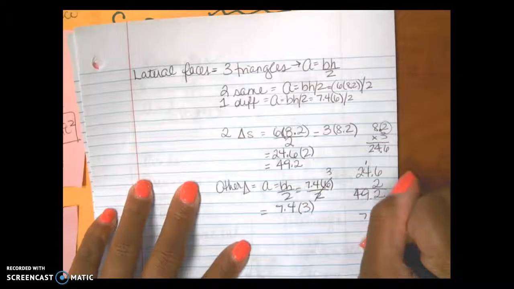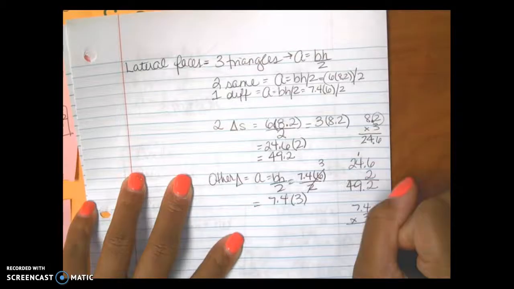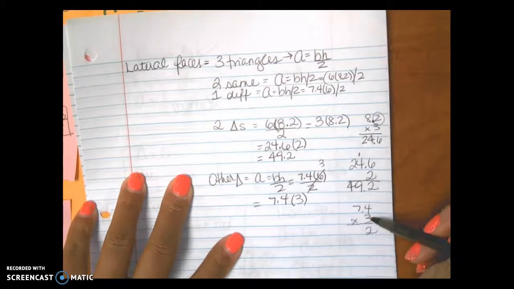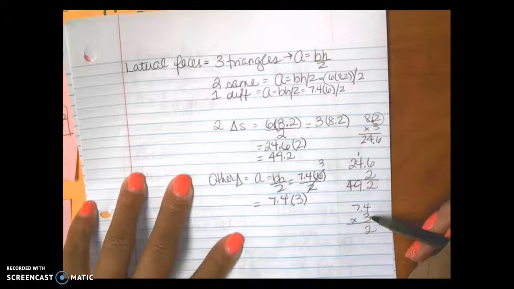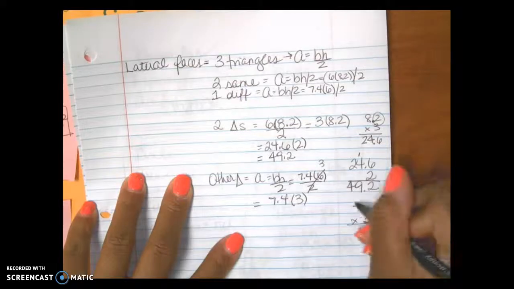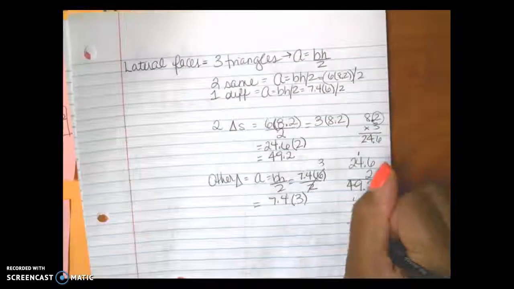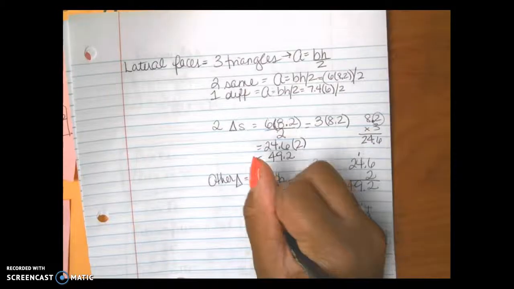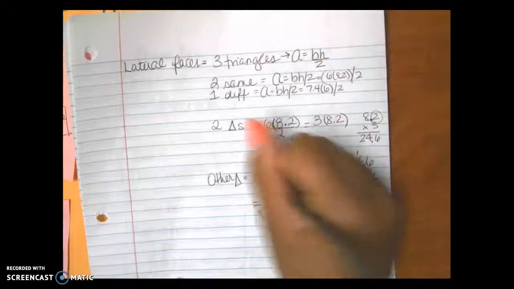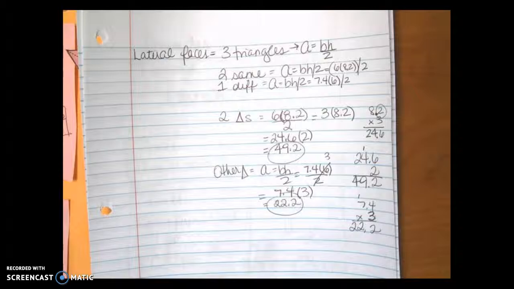Come over here, work it out. Nope, try again. What's your question? 22.2. 7 times 3. Okay, stay focused.